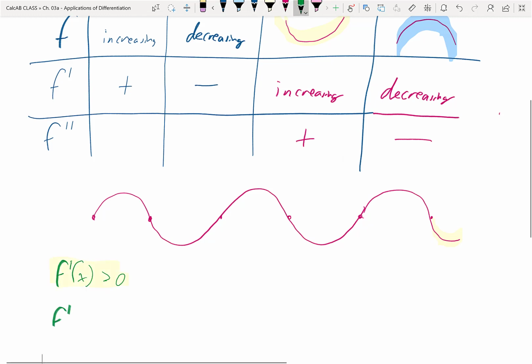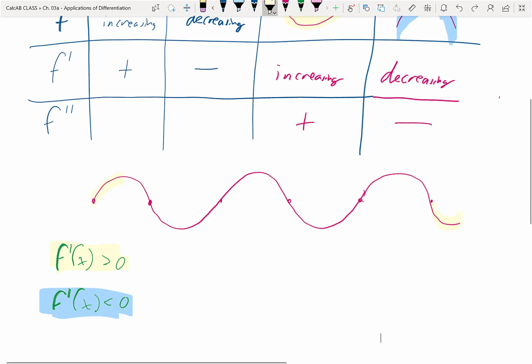And then where f prime of x is less than 0, I'm going to do a blue highlight. So again, f prime of x greater than 0 means the graph is increasing. So increasing is here to here, here to here, here to here. And decreasing is right down here and right down there.